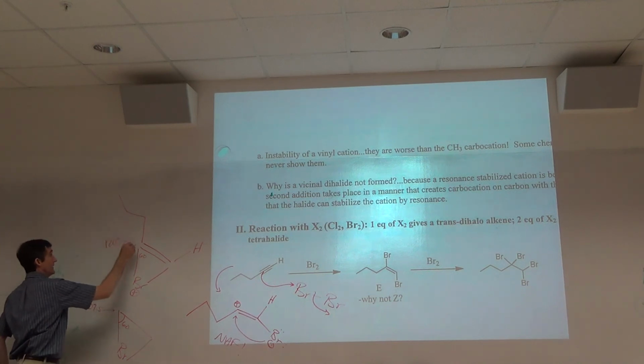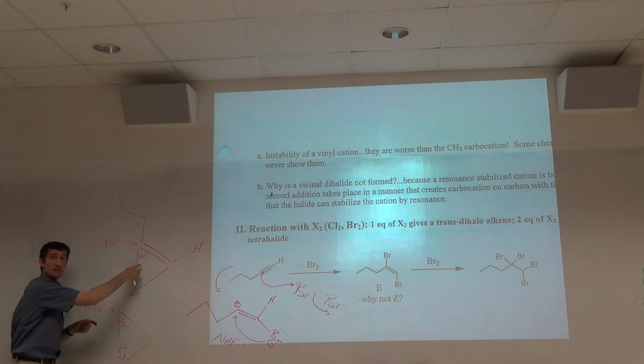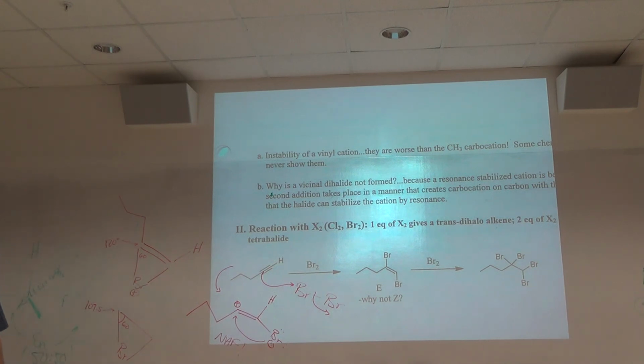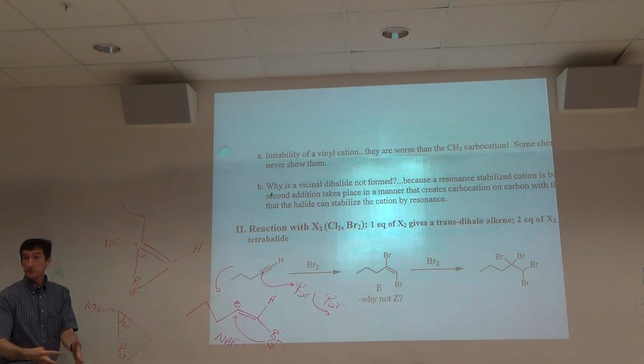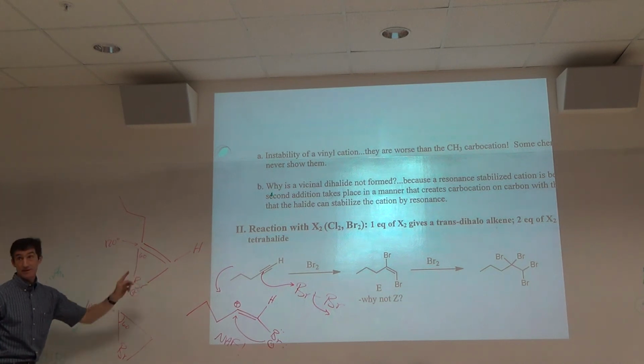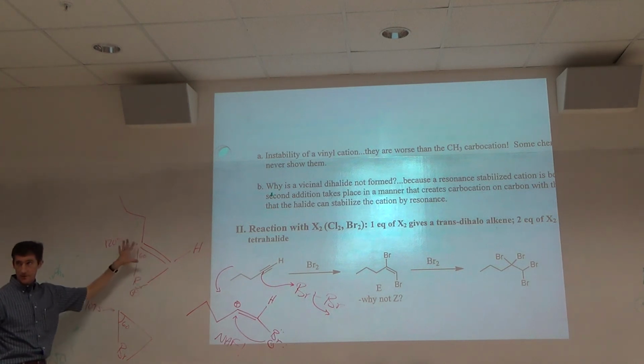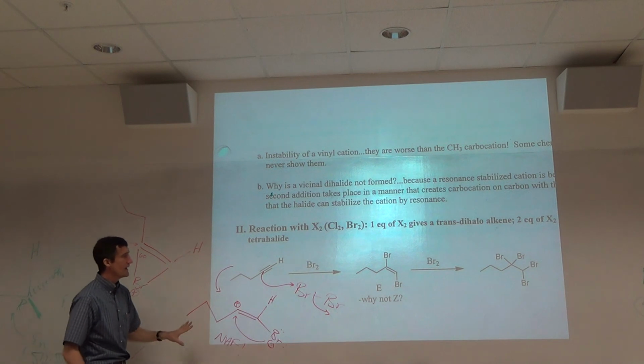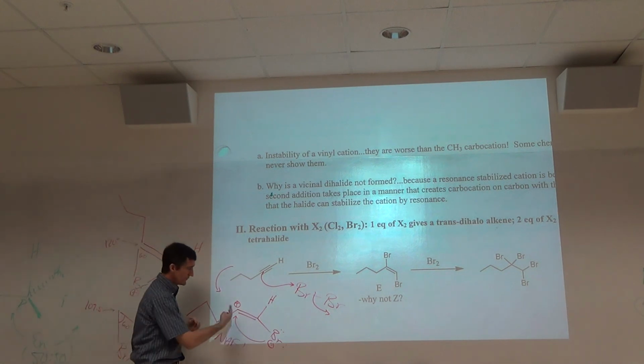You're asking it to be 60 degrees tighter than it wants to be. This one, you're only asking it to be 49 degrees tighter than it wants to be. That's really bad. Some chemists actually argue that this may not actually form. We're not going to go there, but in terms of our standard mechanism, we can do back bonding.